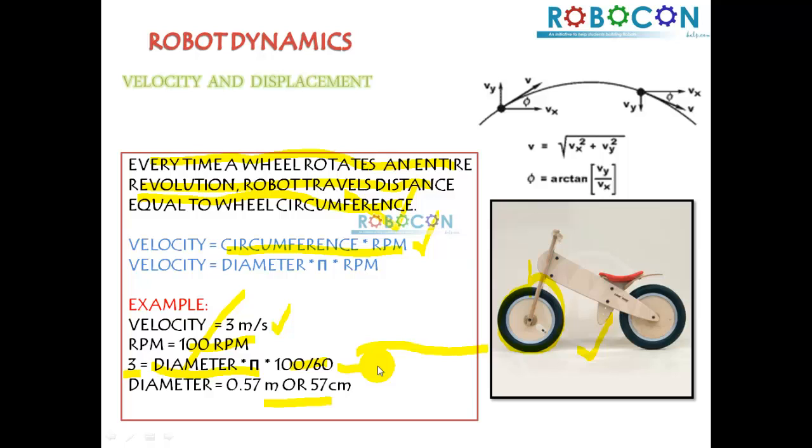Suppose for 3 meters per second, the diameter of the wheel can be diameter into pi into 100 divided by 60, where 100 RPM is converted into revolutions per second, and this way you can find out the diameter. So use a similar methodology to find out the diameter of the wheels for your own applications for which you have to make a wheeled robot.